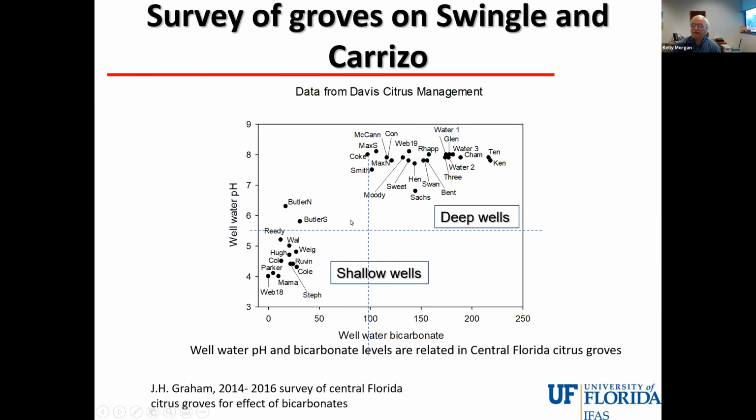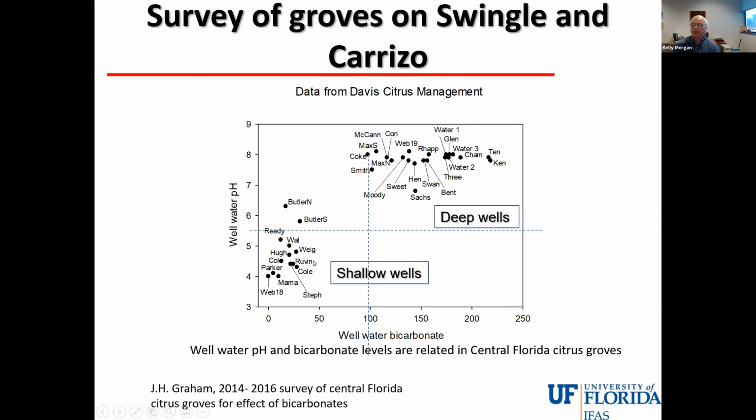We also looked at root availability for uptake at these different pHs, and we discovered that the higher pHs, over 6.5, were all associated with deep wells, water from the aquifer. And those are the well water pHs. So they had a pH between 7 and 8.